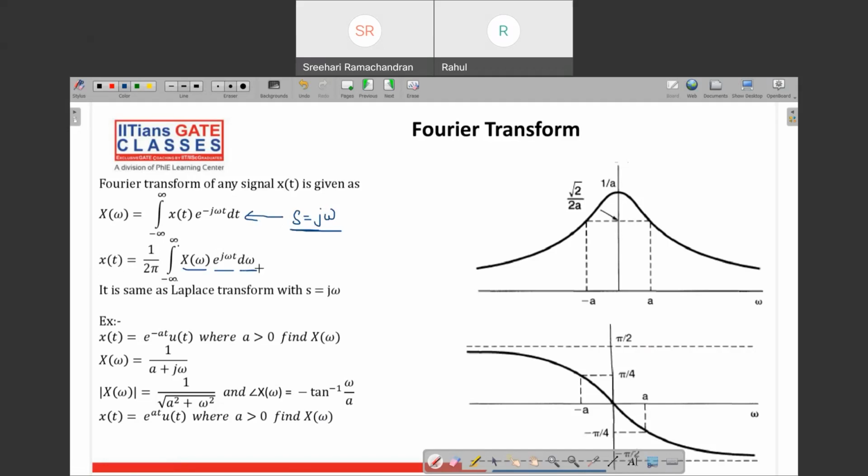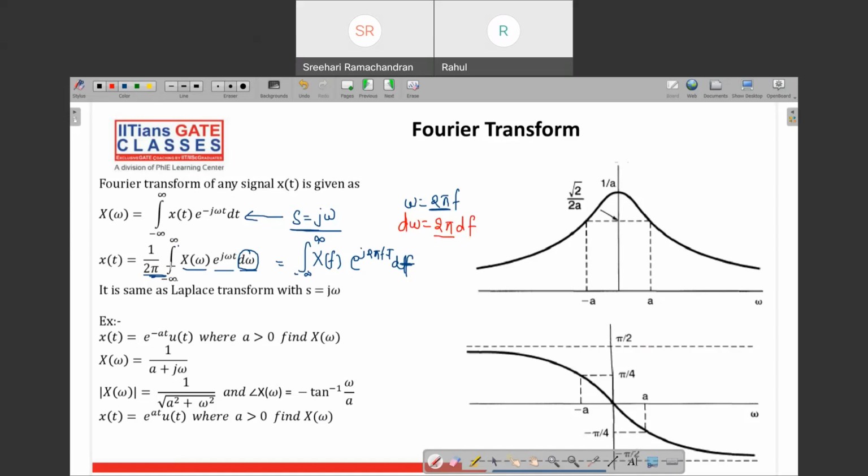Now in some books, you'll see this formula also: minus infinity to infinity X of f e to the power j 2 pi f t df. You won't see the 1 by 2 pi term here because d omega is getting replaced by d f, and omega is equal to 2 pi f, so d omega will be equal to 2 pi df.